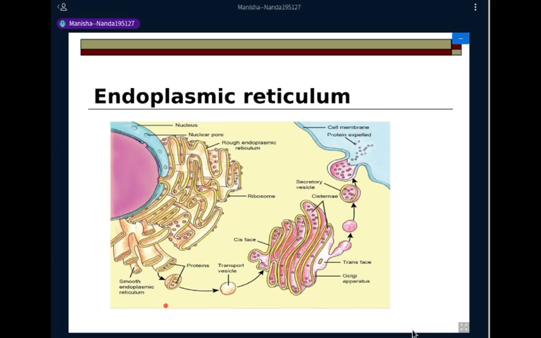That is why the trans side, which is actually facing the Golgi apparatus, contains a number of these vesicles, because all these vesicles are carrying the proteins that will then be transported to the Golgi apparatus for final modifications like folding and glycosylation.